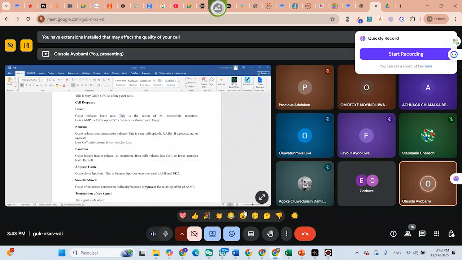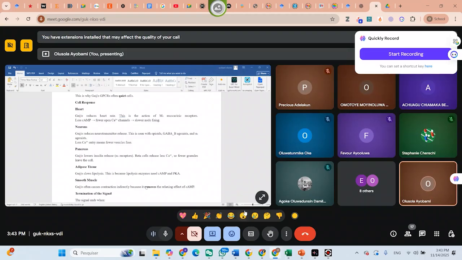So, we also said that the G-alpha stimulatory ensures neurotransmitter release, but there will be a reduction in neurotransmitter release from the neurons. Then because of less calcium entry also, there will be a reduction in insulin release, and this is mediated via the alpha-2 receptors.